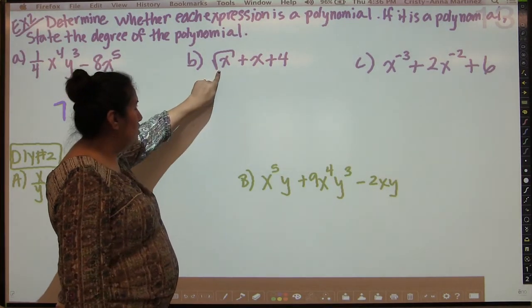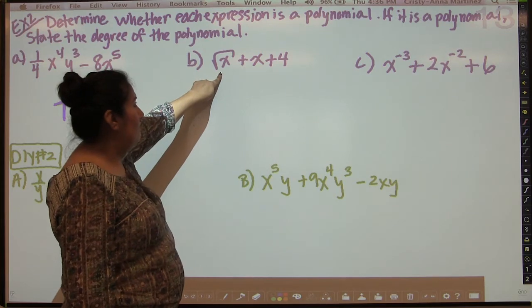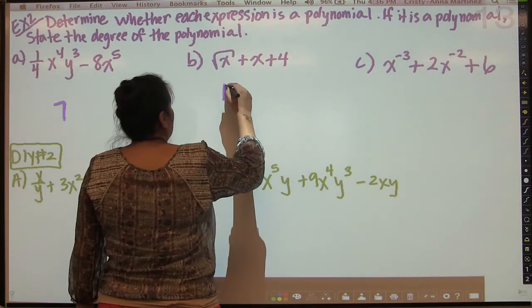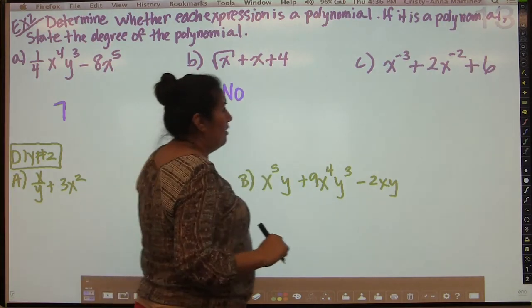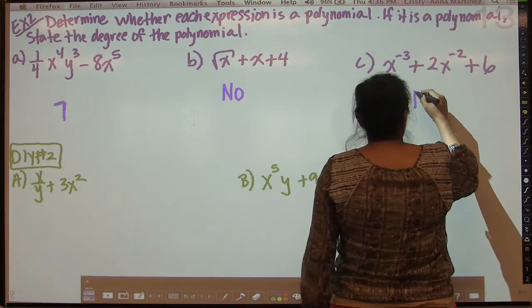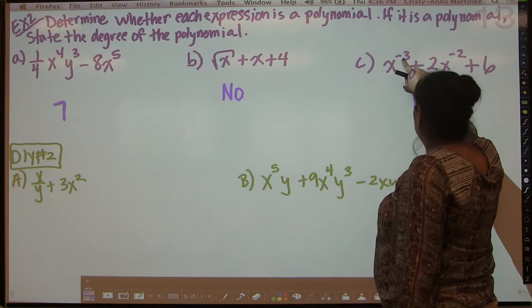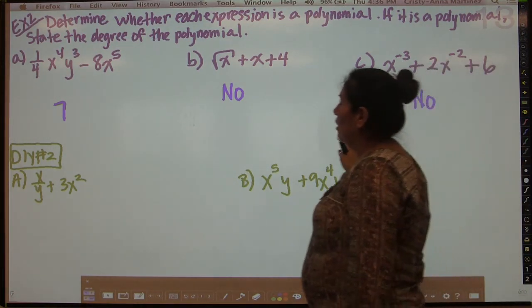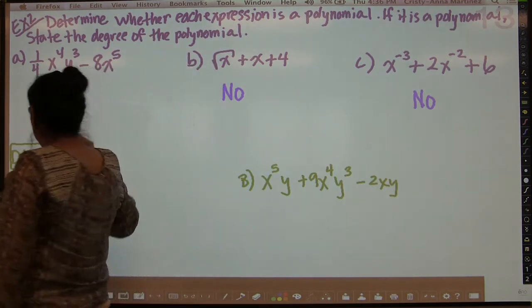So this is x to the 1/2 power, and so we don't include that in polynomials. This is not a polynomial. And then over here, same thing. This is not a polynomial because it's got negative exponents. All right. So the only one that's a polynomial in our example is A, and the degree is 7.